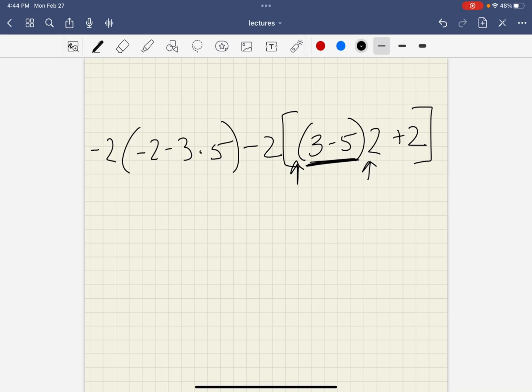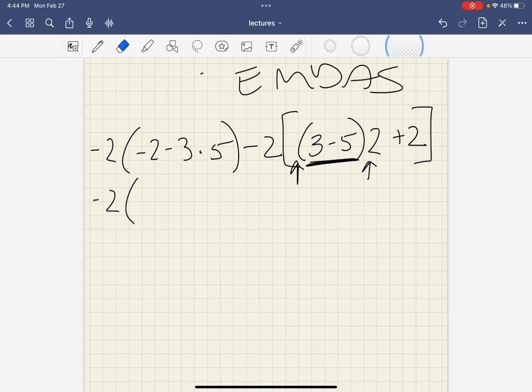Okay, so in this first parentheses here, we still have to follow this. We have to do multiplication and division before we can do any addition, subtraction. So this is going to be minus 2.